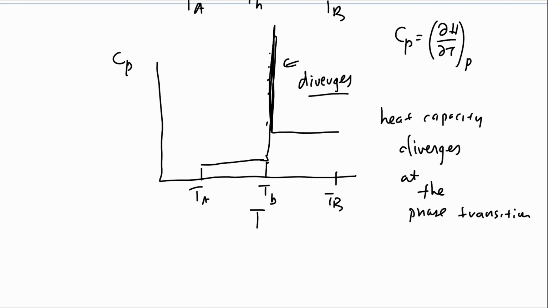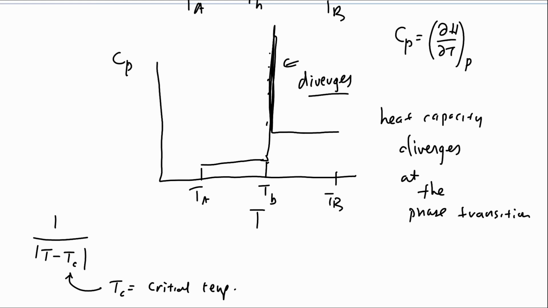And a lot of theoretical physicists spend a lot of time studying how it diverges. This is true for the second order phase transitions too, but oftentimes you'll have something like T minus T_C, and this is just a parenthetical remark, T sub C is the critical temperature.